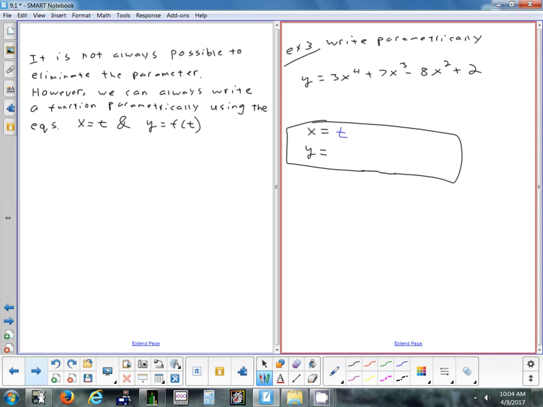Yeah, 3t cubed plus 7t cubed minus 8t squared plus 2. Yeah, that's it. You've just turned that into a parametric equation. It's such a simple parametric equation that why would you even bother? Why not just leave it as a function if you're just going to do that? But you could.